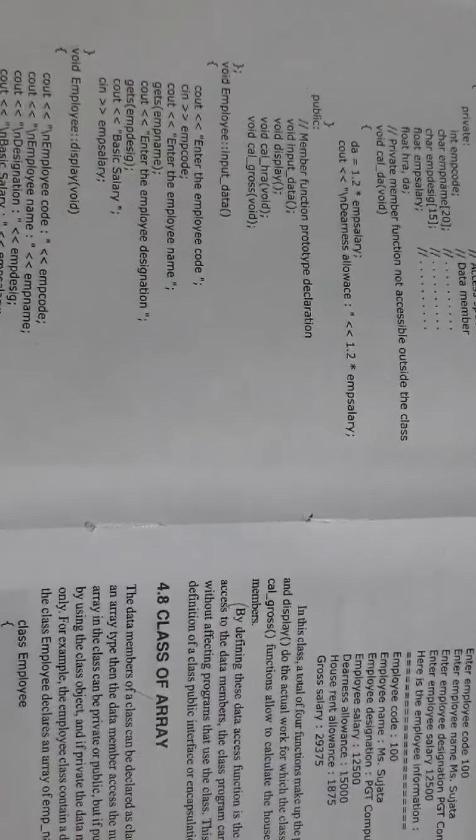Okay, so now when this calling function calculate HRA is called, this is also defined in another function body. So here, void employee calculate HRA. HRA is equal to 0.15 into employee salary, and that value will be displayed.